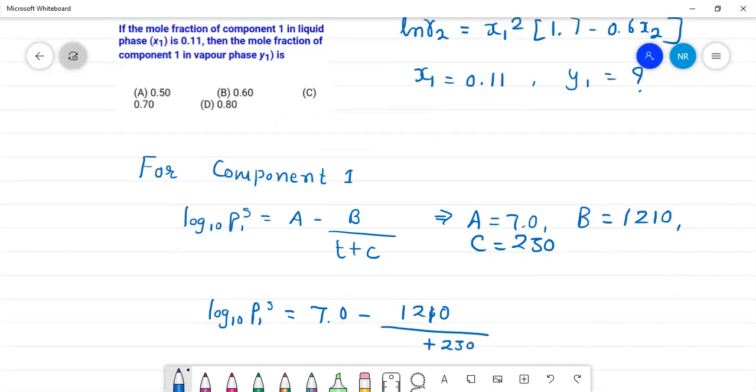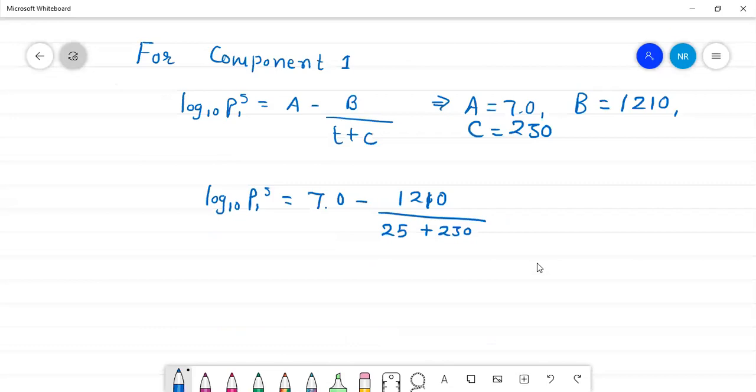What is the temperature? 25 degrees Celsius, so plus 25. Can you give me the answer of log10 P1 saturation?